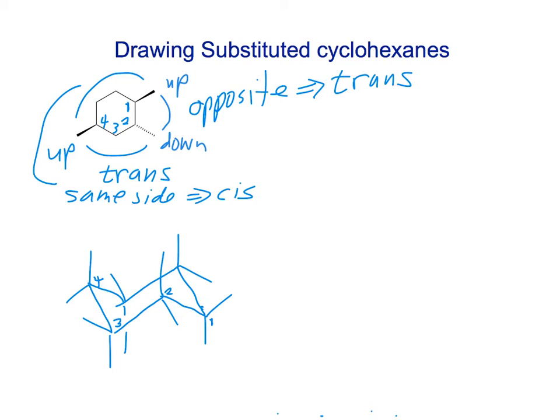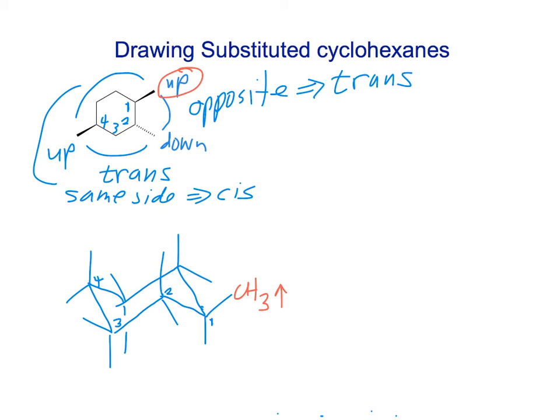All right, to make it easier, whatever I have going up on the structure above, so if this says up here, I'm going to make that methyl group up on my chair conformation. So at position 1, I have a methyl group, and out of the 2 possible bonds, this bond is going up.